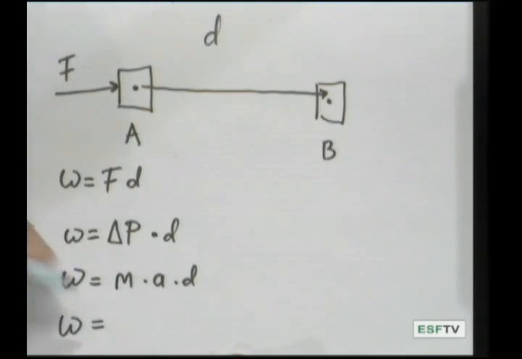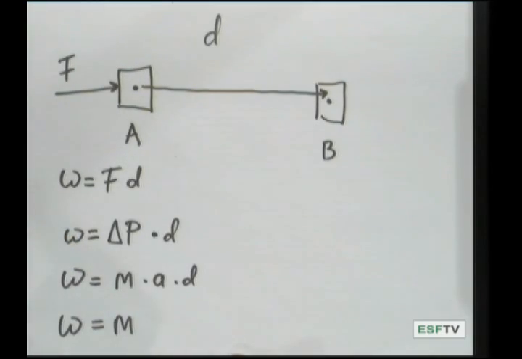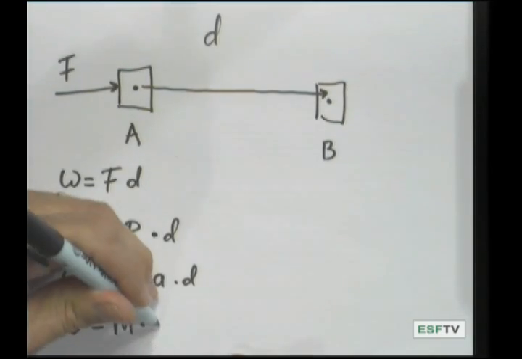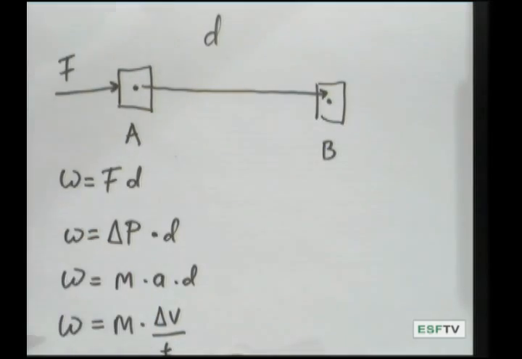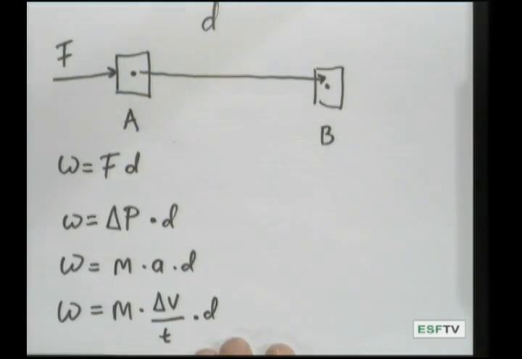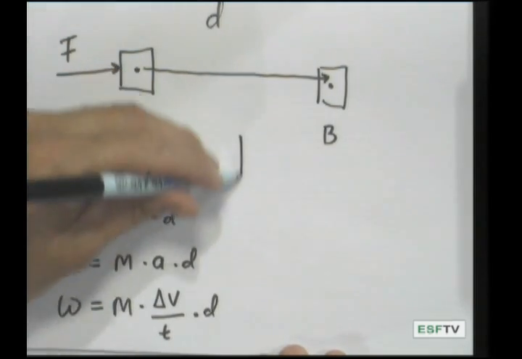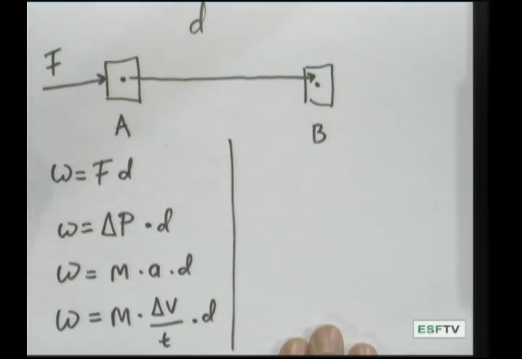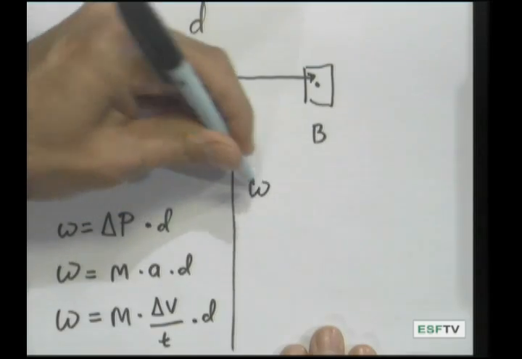Work is equal to a mass times a change of velocity over time times a distance. A change of velocity over time has units of meters per second over seconds. So we can reformulate this equation.